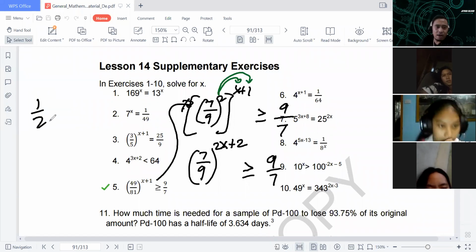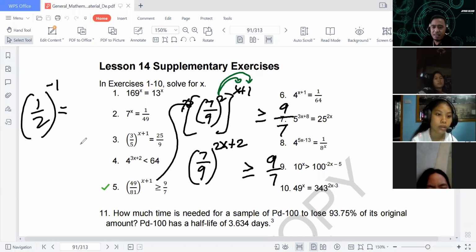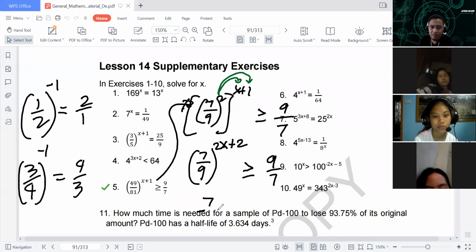If you have 1/2, you take it to the power of -1, because what happens is the numerator and denominator are flipped, 2/1. They are flipped, right? If you have 3/4 raised to the -1, it becomes 4/3. So we can flip this. That can be written as 7/9 raised to the 2x plus 2.